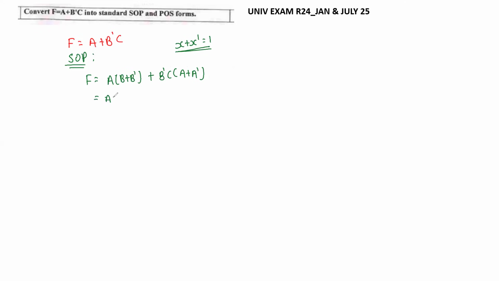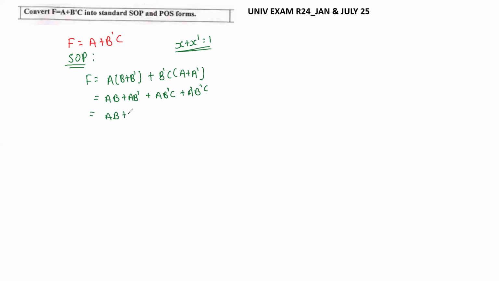Okay. So this concept we are using. So here again what we'll have? AB plus AB dash. That is the distributive law, commutative law, all you know about this. And this one is AB dash C plus A dash B dash C. So in the third and fourth terms, we have all literals, but for the first and second terms, all literals are not there. So this will be multiplied again here.